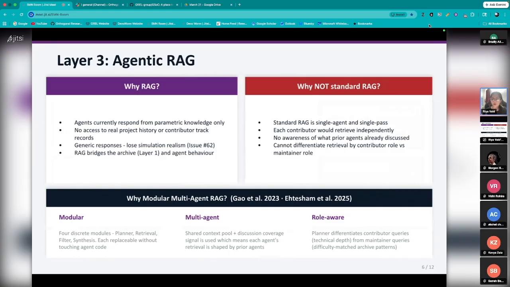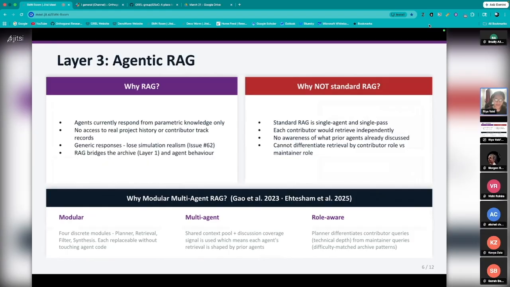But I'm not going with standard RAG, because standard RAG leads to single agent, single pass, where each contributor retrieves independently, is not aware of the prior agents' discussion, and cannot differentiate retrieval by contributor role versus maintainer role. So I propose modular multi-agent RAG. In my proposal, I have researched it, and the evaluation is all linked there.